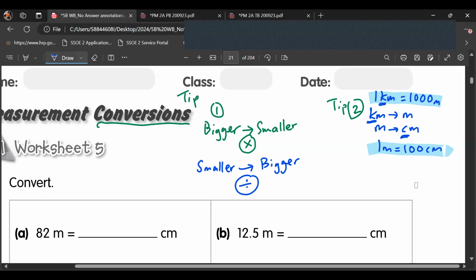The other two I need to remember: 1 meter is 1,000 millimeters, which is also equal to 1,000 cubic centimeters. And the last one is for mass. 1 kilogram is 1,000 grams. So these are the ones that I need to memorize.